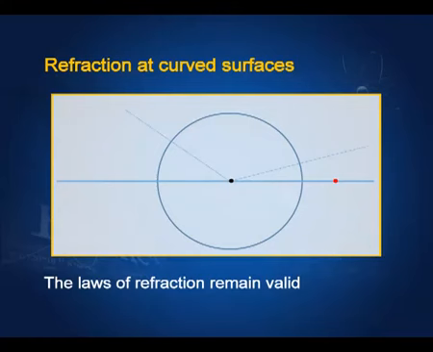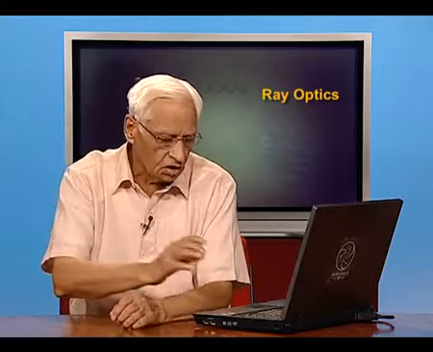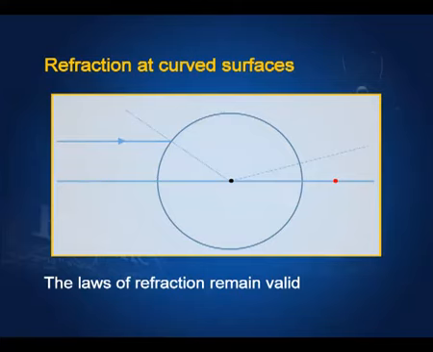Let us keep continuing looking at refraction at curved surfaces, and remember this: the laws of refraction remain valid, whether the surface is plane or curved does not matter. So, let us see a ray coming and entering this sphere. You see, this gets refracted inside. This is the normal. You see, all radii are normal to the sphere.